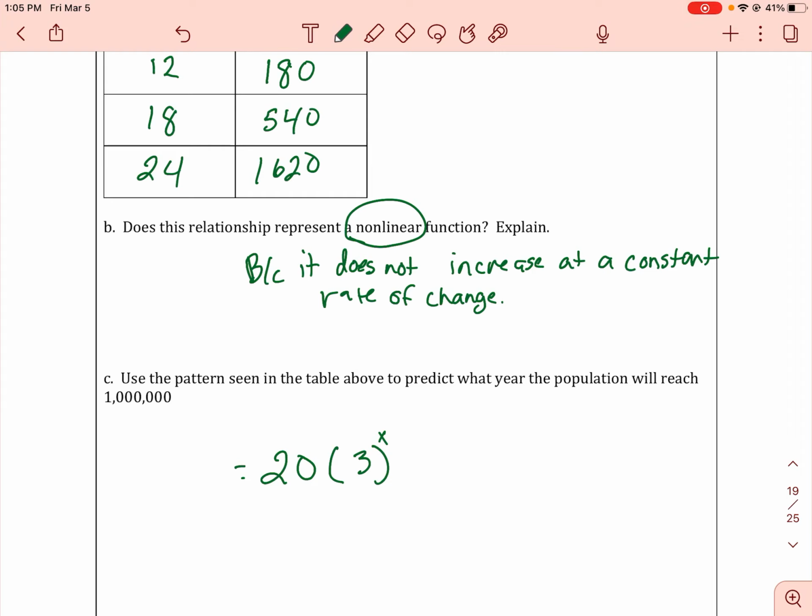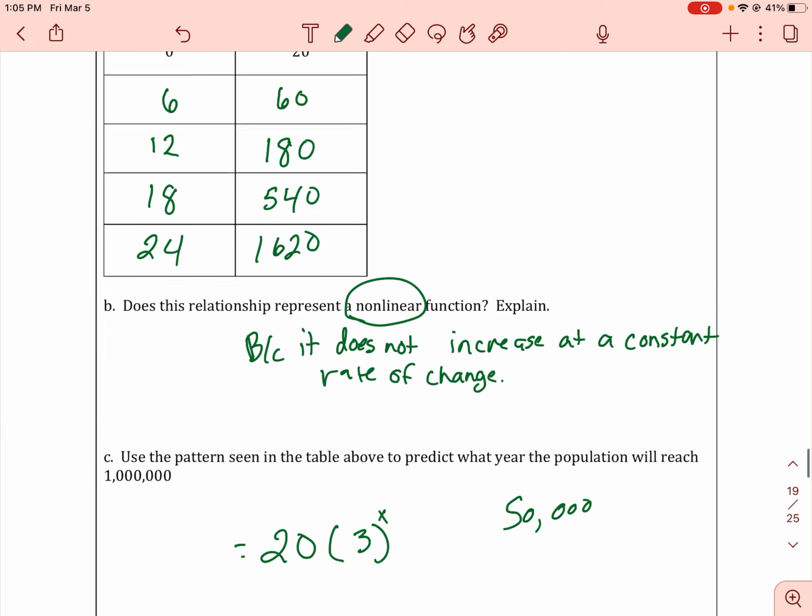I was way off. So I get 5, I divide by that, I get 50,000. So we're going by months here.